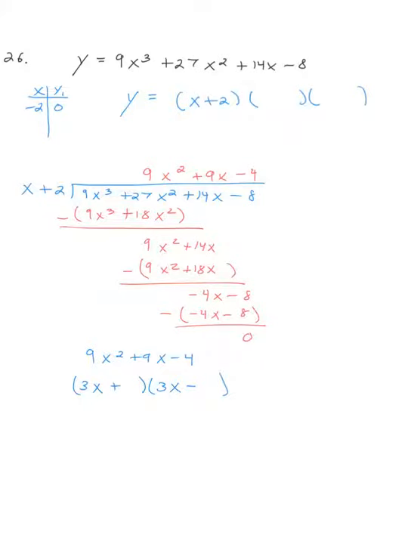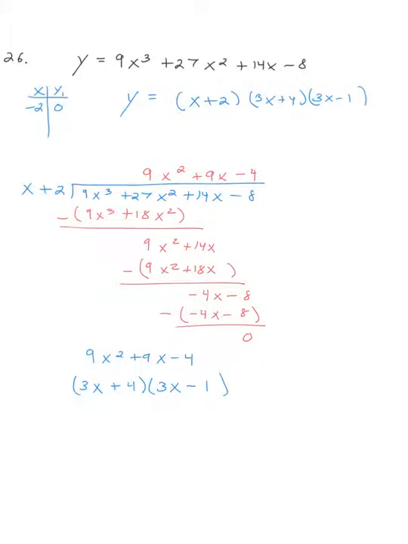So it's got to be either positive 1, negative 4, or positive 4, negative 1. Since the middle term is positive, I'm going to go positive 4, negative 1. And that works. That's going to be a 12x minus a 3x to give us a 9x. Nice. So this is 3x plus 4 and then 3x minus 1.